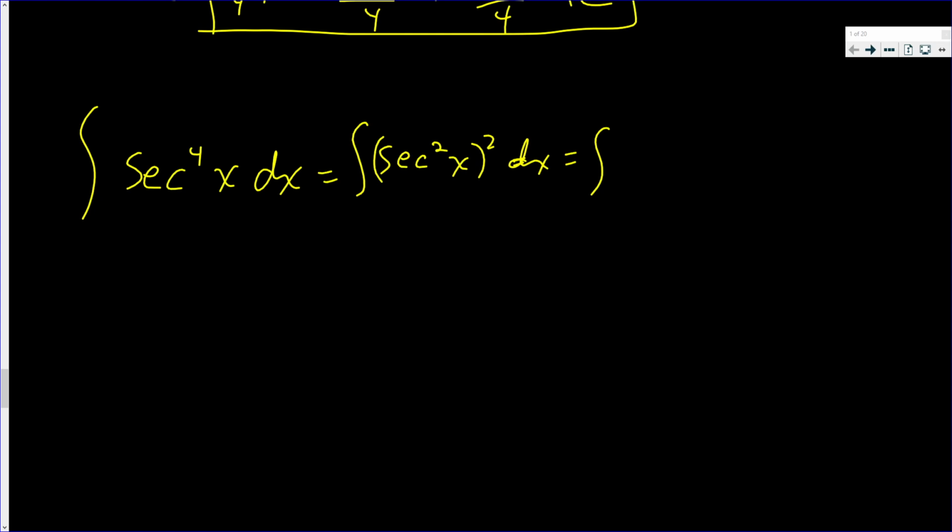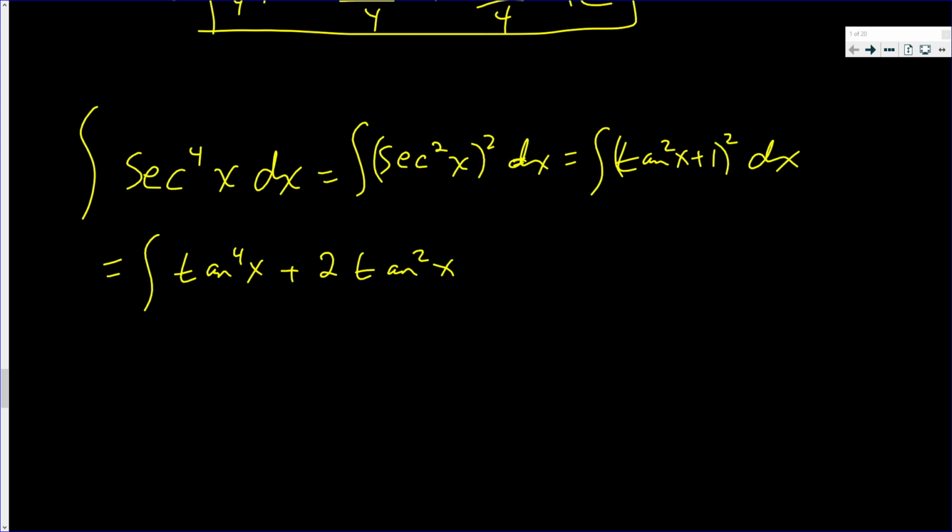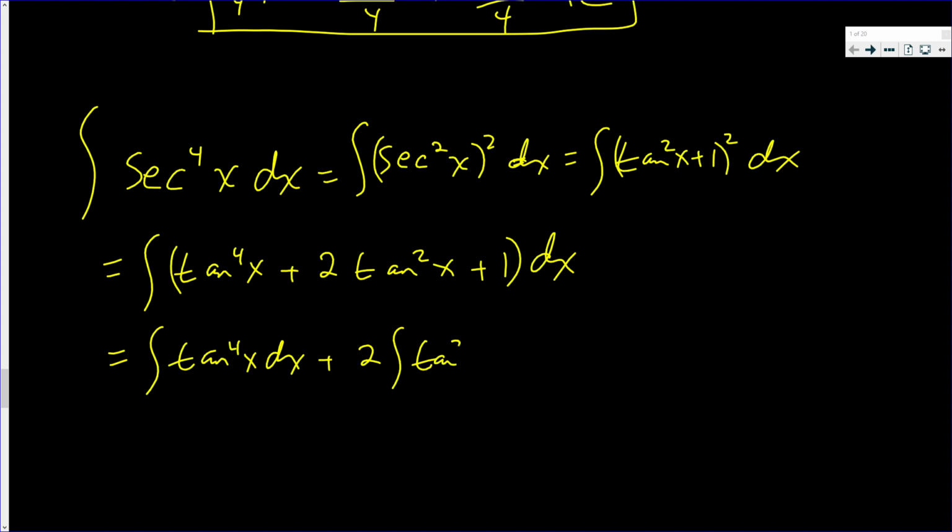But secant squared x is tangent squared x plus 1, squared dx. And when we square this, we get tangent to the fourth x plus 2 tangent squared x plus 1 dx. That is, we get the integral of tangent to the fourth x dx plus 2 times the integral of tangent squared x, plus the integral of 1 dx.